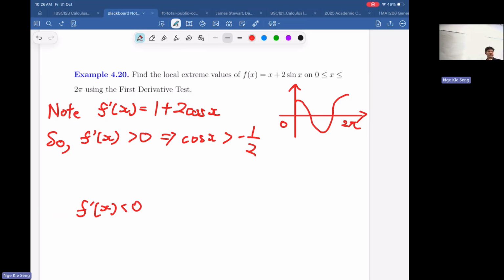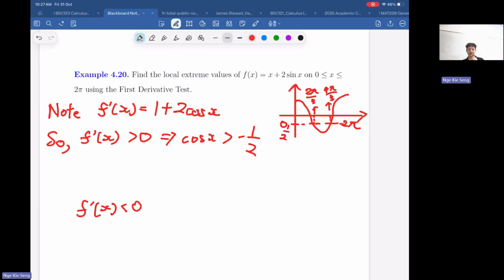Okay, so where is negative half? Maybe at the bottom here. So you want to find these two points. This point is, sorry, 2 pi over 3. So one of them is 2 pi over 3, and the other one is 4 pi over 3.